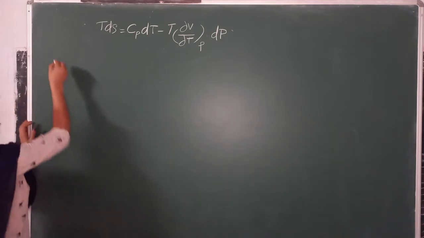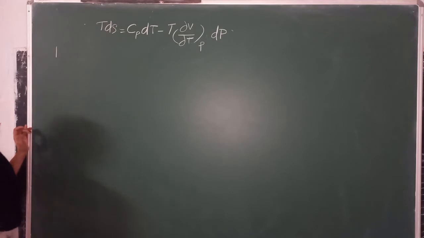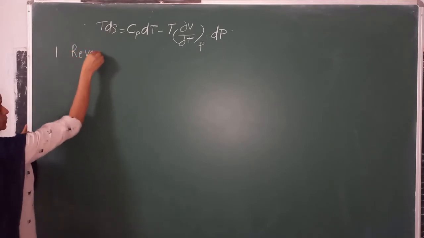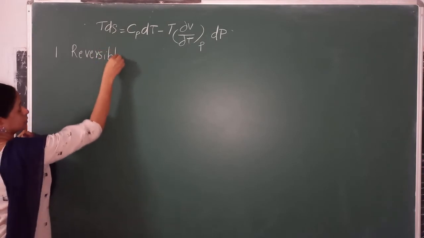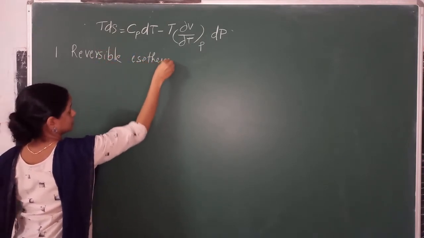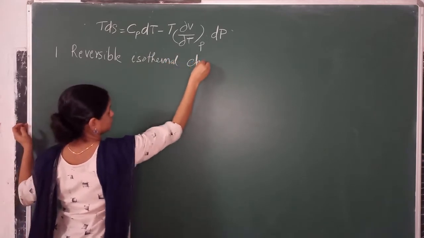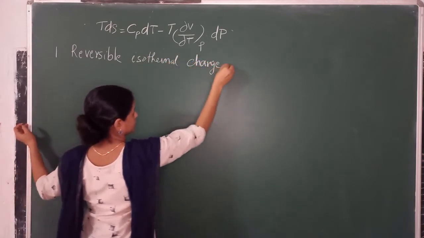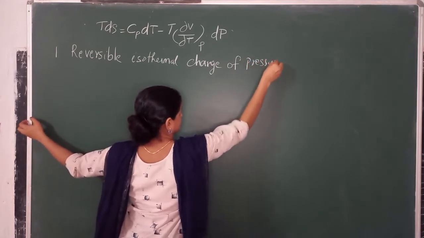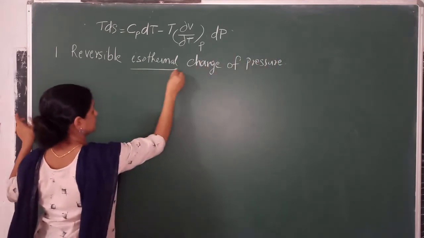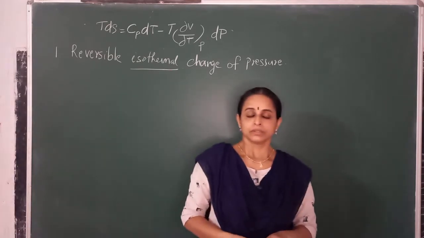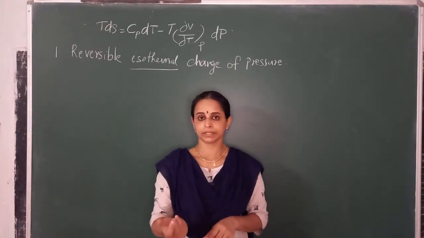The first application of the second TDS equation is reversible isothermal change of pressure. So what is the equation here?